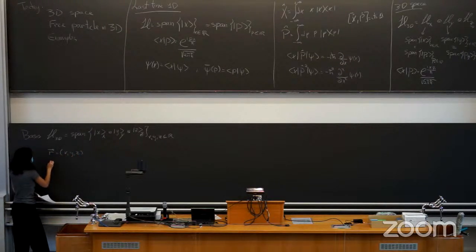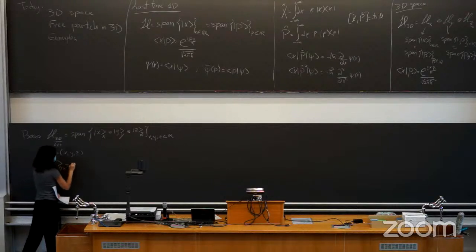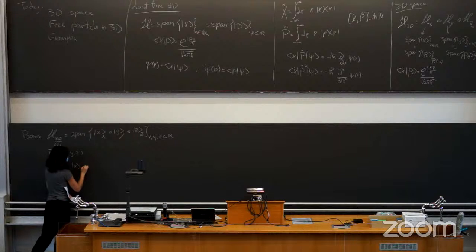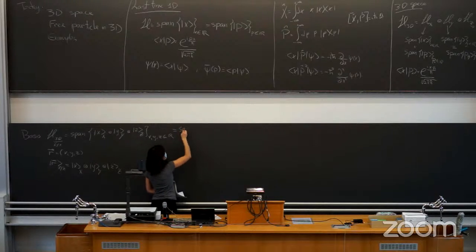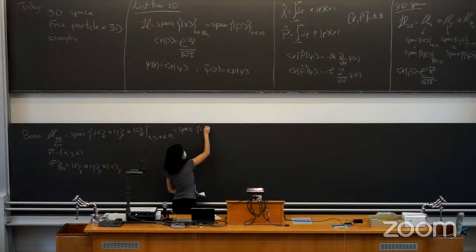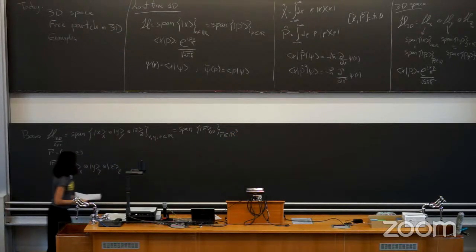So then we can define the state R, which lives in the big space, the 3D space, sometimes called X, Y, Z. So this lives in the X, Y, Z space, which is just X times Y times Z. So R belongs to 3-dimensional space.